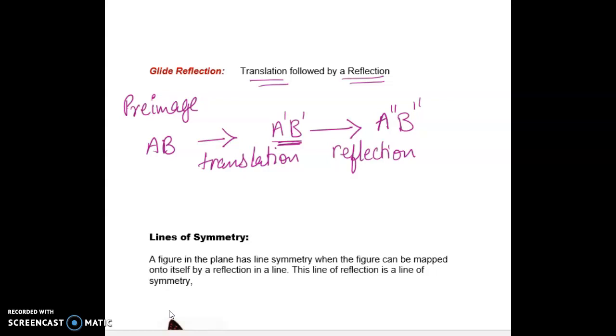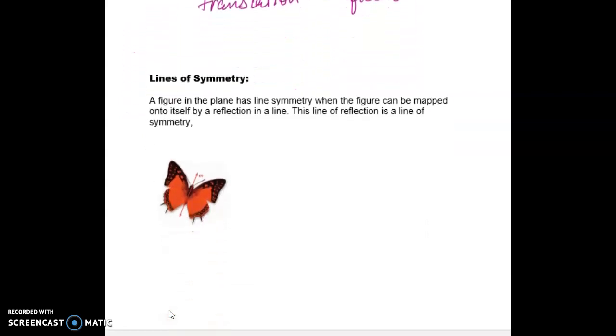Step by step. Another important thing that I would like to discuss for reflection is line of symmetry. A figure in the plane has a line of symmetry when the figure can be mapped onto itself by a reflection in a line. In this case, what is the reflection line? This line is a line of reflection.